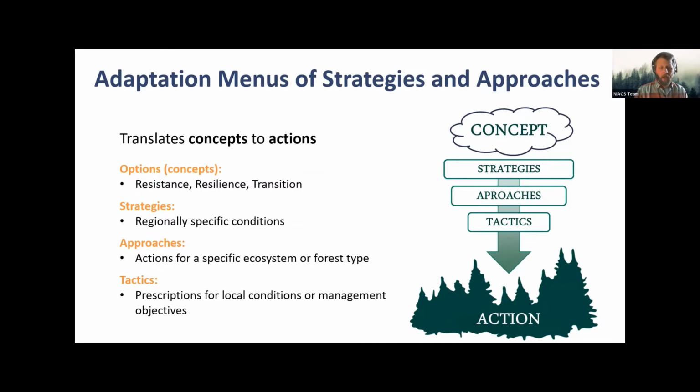Within each strategy are multiple approaches that are more specific descriptions of that strategy. So more specific actions that could be taken that maybe relate to a particular forest type or ecosystem or maybe more relevant for a certain set of conditions.